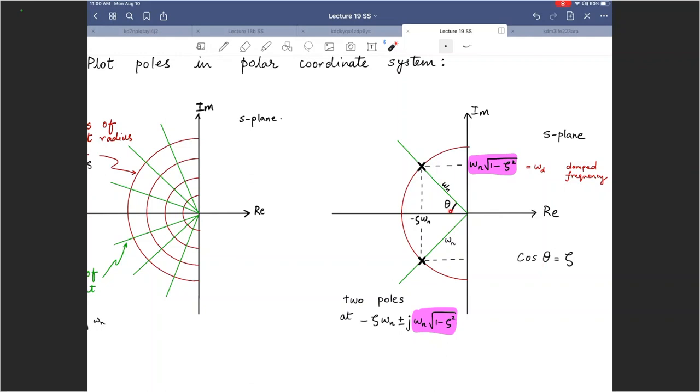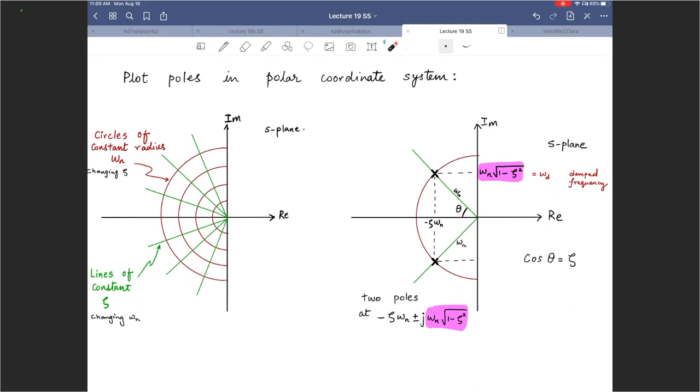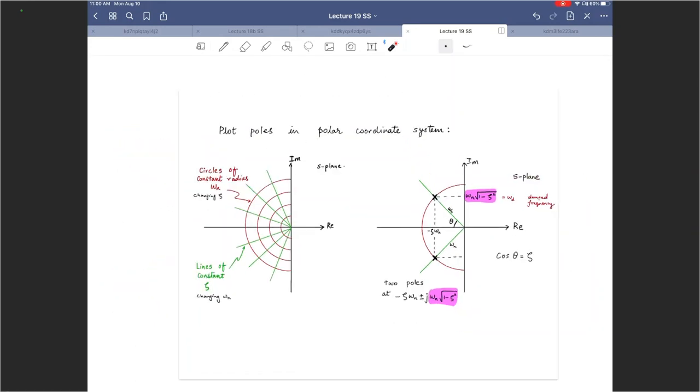Cosine theta, if that is theta, cosine theta will be simply zeta. That is your damping factor. So over here we have a relationship between the angle and zeta. We also have a relationship between the damped frequency, the natural frequency, and the damping factor zeta. So all of those are being sketched over here. Two poles, right? Are these poles stable? Well, yeah, they are in the left half plane, so they should be stable.